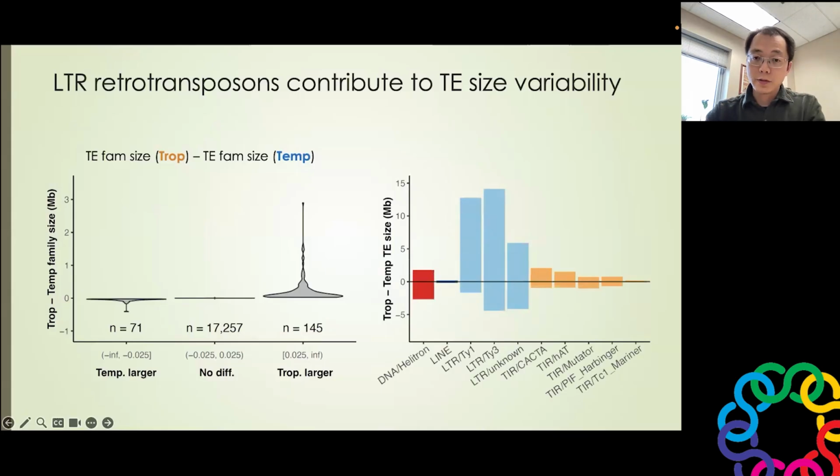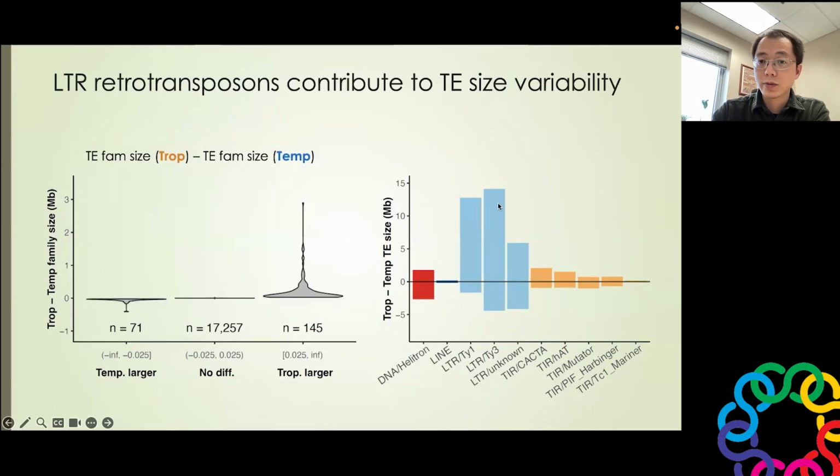And if we put this in a further context, in a different classification, the blue color here is the LTR, and LINE is here. Helitron is the DNA transposon, and orange is also DNA transposon. And beyond zero means families are larger in tropical, below zero means families are larger in temperate.